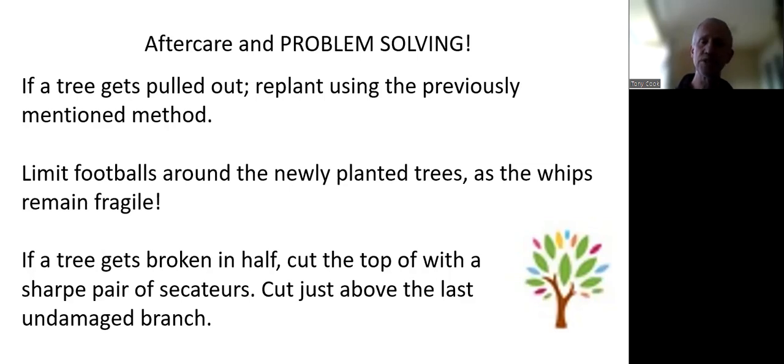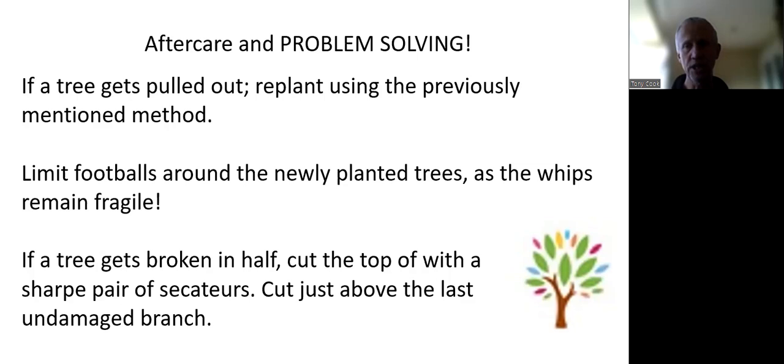If a tree unfortunately gets broken in half, and you want to know what to do about that, you can literally just take the tree shelter back off if it still has the tree shelter on, go to the branch just above the branch that's undamaged, and using some sharp secateurs, just cut the tree top off, and the tree will reshoot and regrow.